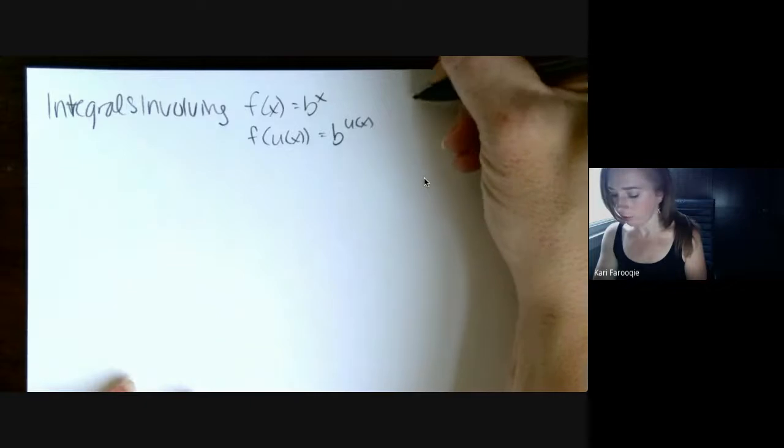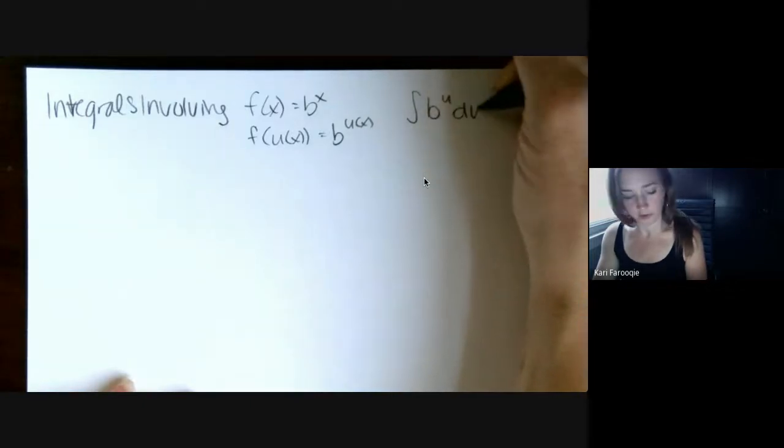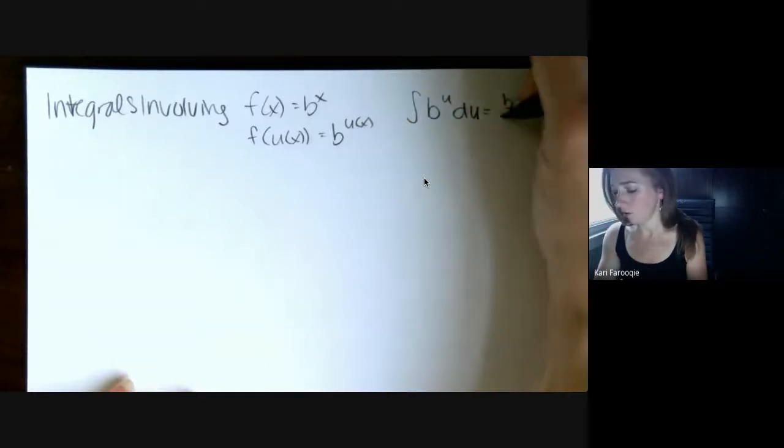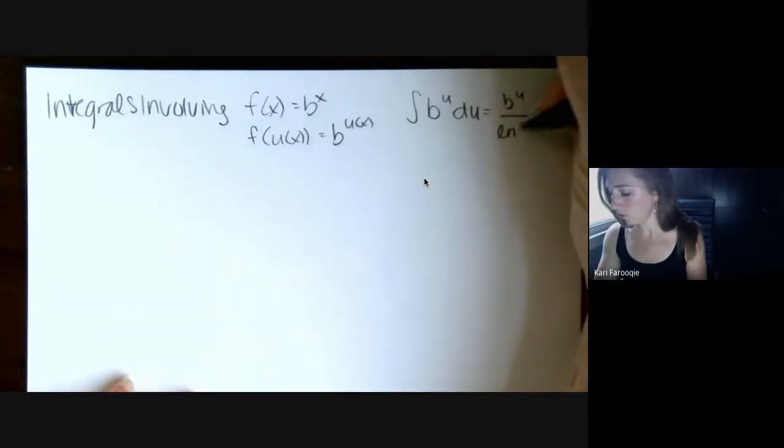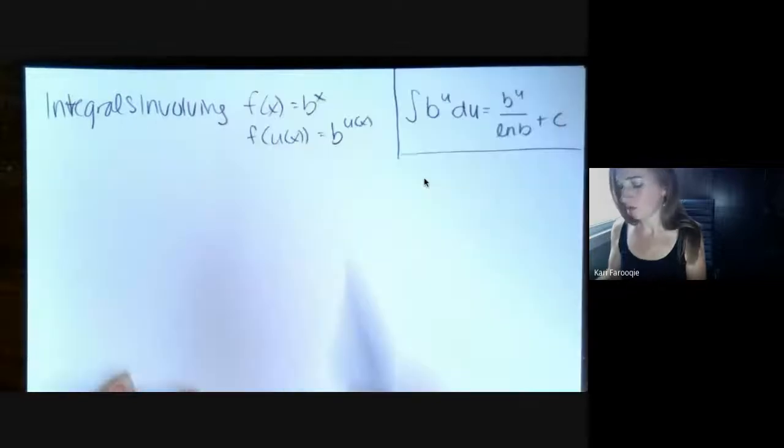Your formula for this is the integral of b to the u du is b to the u divided by ln b plus c. I don't ever remember this, that's why I'm referencing my sheet here.